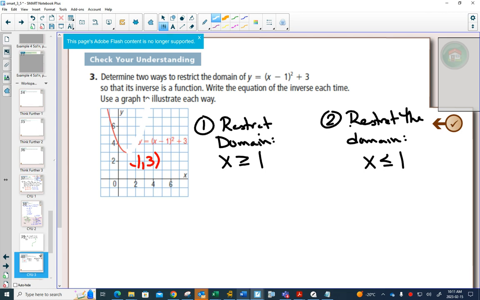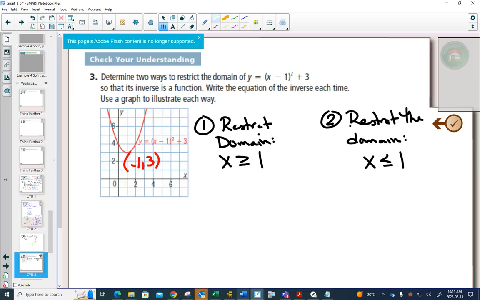So this question starts by saying, determine two ways to restrict the domain of the original equation so that its inverse is a function. These kind of questions, when you get them on tests or quizzes, they'll always be parabola questions. And with a parabola, you always find the vertex and take either this half or this half. And so you will need to know the x-coordinate of the vertex.